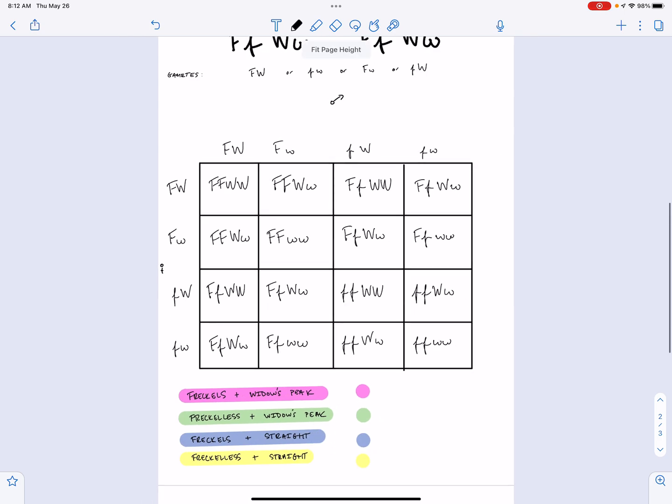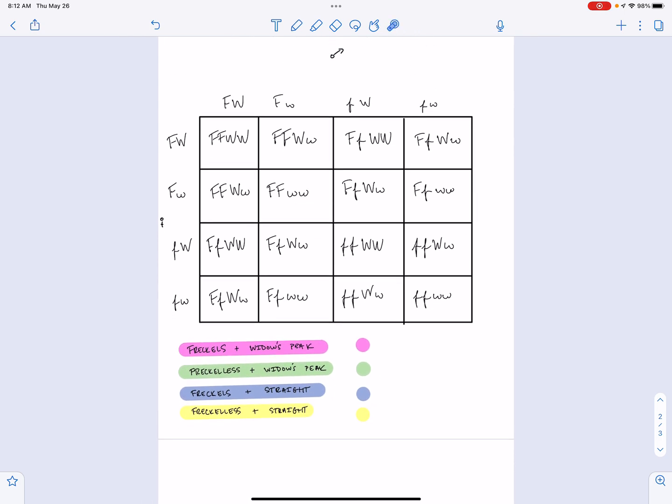Okay, and that's it. So we have all of these different genotypes, and these are all the possible combinations of gametes that would result in offspring.